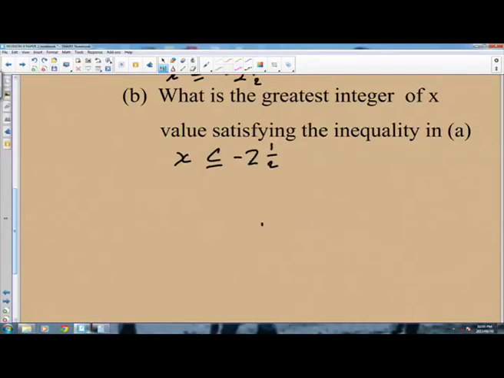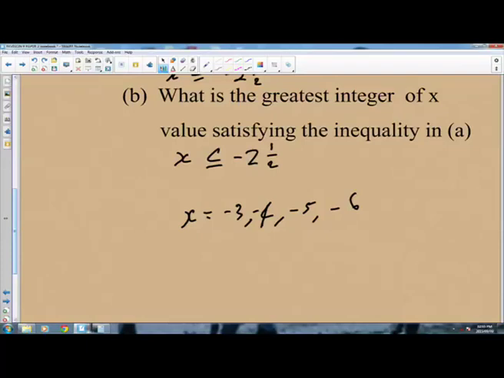So this simply means x can be equal to integer values less than minus 2 and a half. The first integer value is minus 3, minus 4 as the next integer value, and then minus 5, minus 6, the list goes on, as long as the number is less than minus 2 and a half.